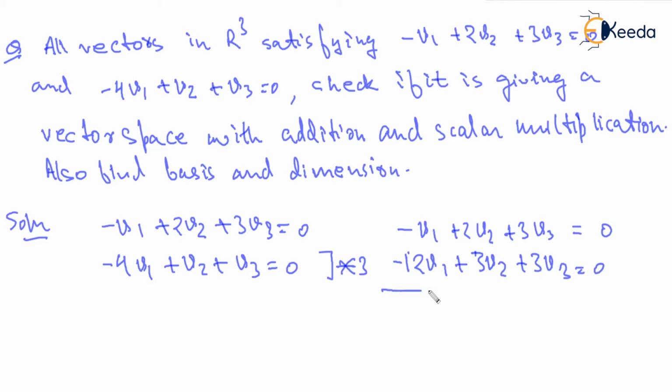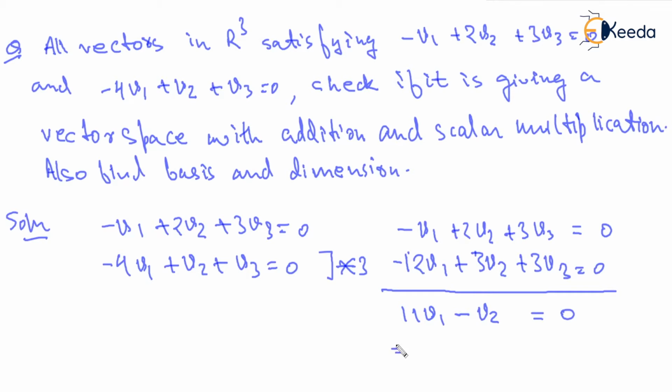If we subtract the second equation from the first equation, we'll get 11v1 minus v2, which equals 0.